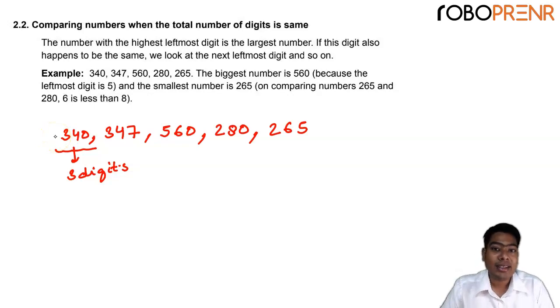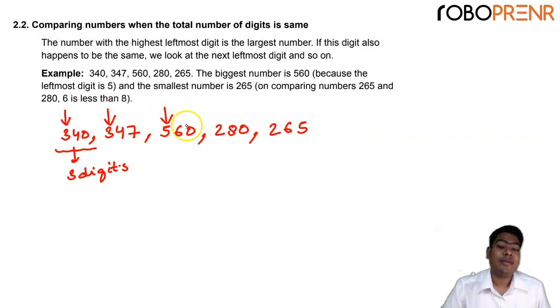The basic idea is to find the leftmost digit in the number itself. If we take this example, 340, the leftmost digit is 3. In 347, the leftmost digit is 3. In 560, the leftmost digit is 5.